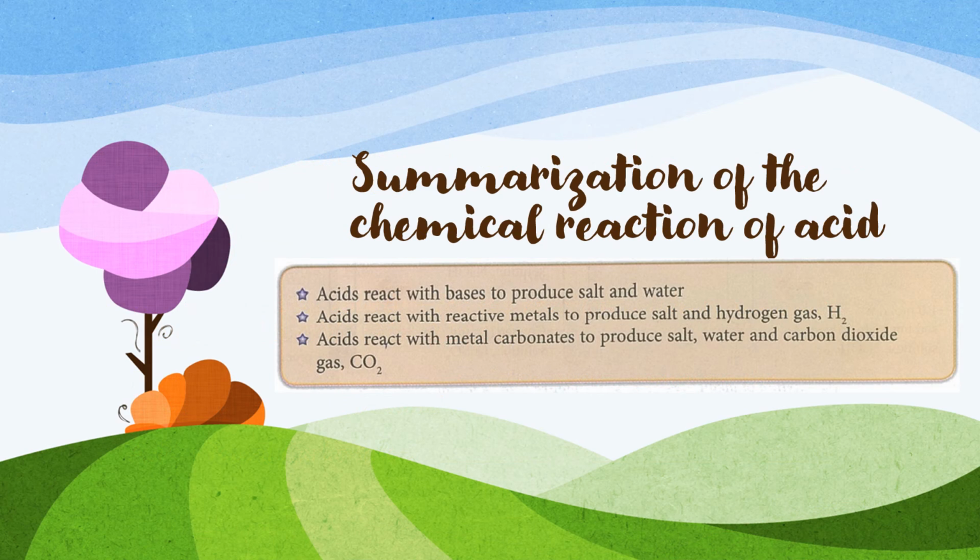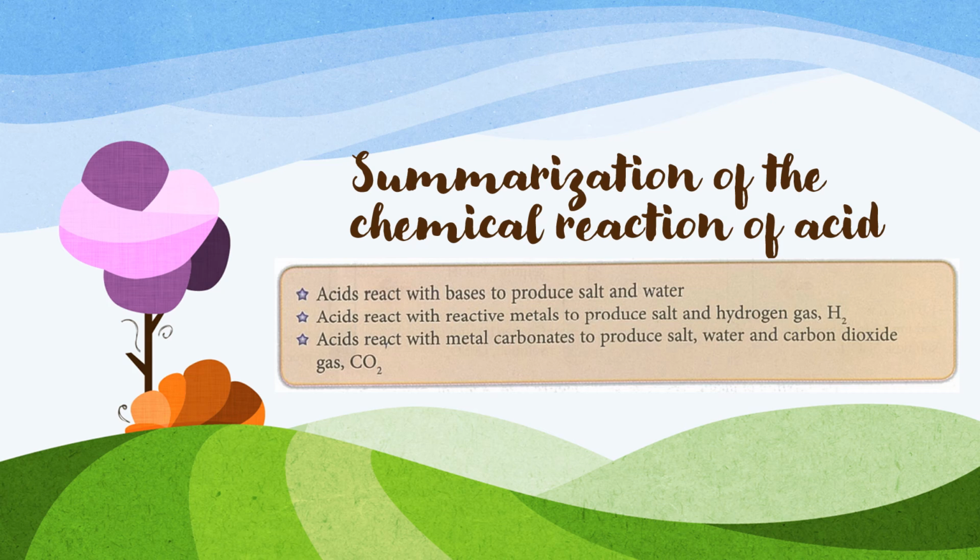Alright, to summarize what we have learned so far, the reaction between acid and base will produce salt and water, and the reaction between acid and reactive metal produces salt and hydrogen gas. Remember, not all metals react with acid, which I believe you learned in Form 3 previously.